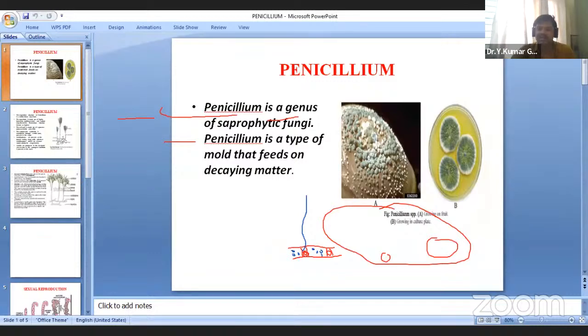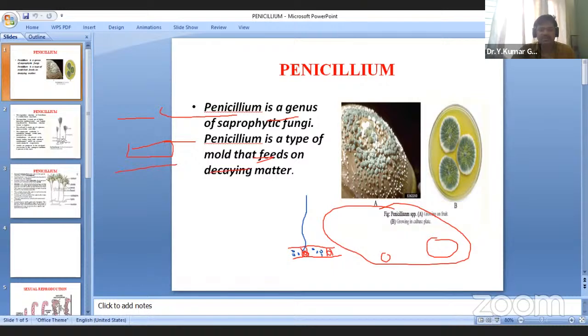The vegetative body is made up of cells. So after the vegetative structure, we should learn about the cell. In the cell components, the first one, the outer layer, is called the cell wall. The cell wall is made up of glucan, polysaccharide, and chitin.